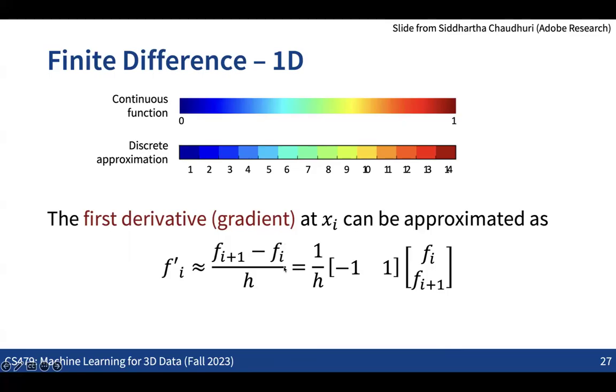There are slightly different ways to approximate the gradient, but the simplest is to take the function values at two consecutive points: the function value at xi and at xi plus 1, take the difference, and divide by the interval between them. That's one very simple way to approximate the first derivative.